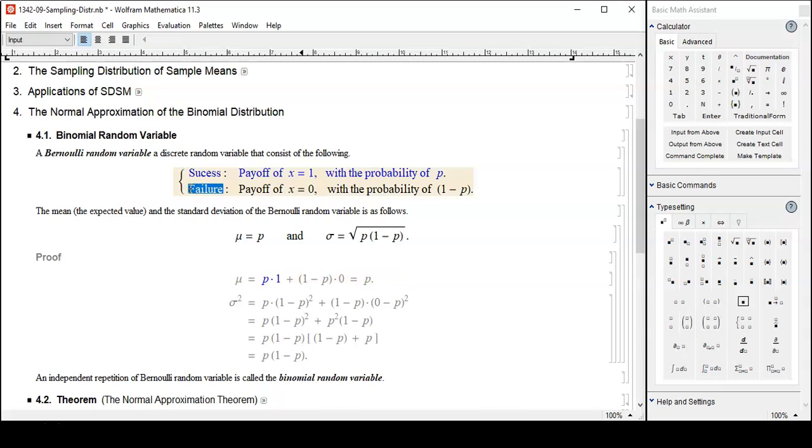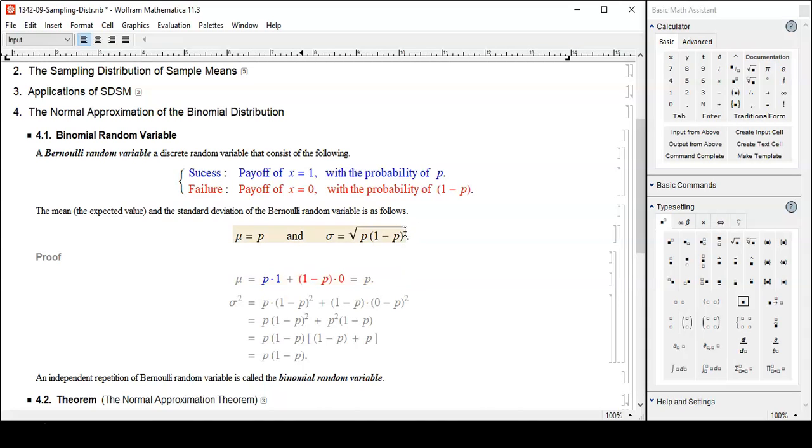Now for failure, the payoff is 0 and the probability is 1 minus p. So multiply those two together. 0 times 1 minus p, and do your computation. You're going to get p plus 0, so the expected value is p, as was claimed before.